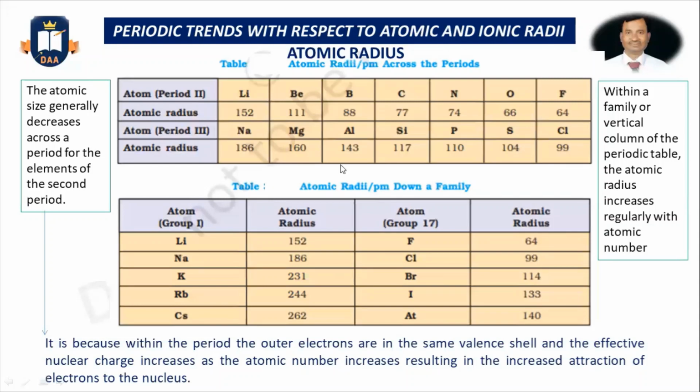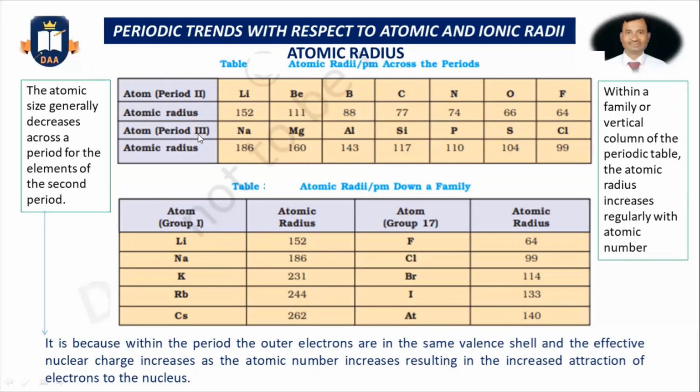This is the table. In period number 2, consider the atoms lithium, beryllium, boron, carbon, nitrogen, oxygen, and fluorine. The atomic radius for lithium is 152, and slowly along the period the atomic radius decreases, and finally for the fluorine atom the atomic radius is 64.